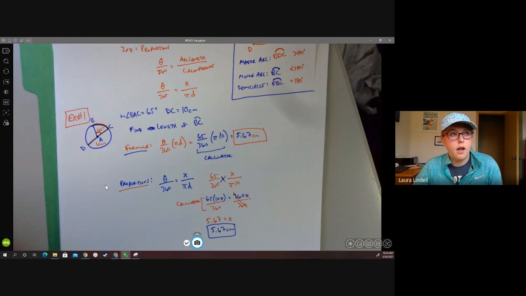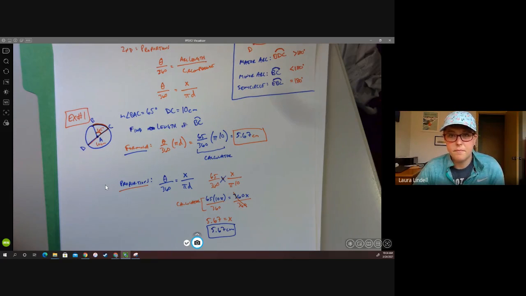Just curious, based off of your first reaction to it, we'll call the first way the formula way, the second way the proportions. Which one do you prefer so far? What are we thinking? Or no preference? We out there? We awake this morning?